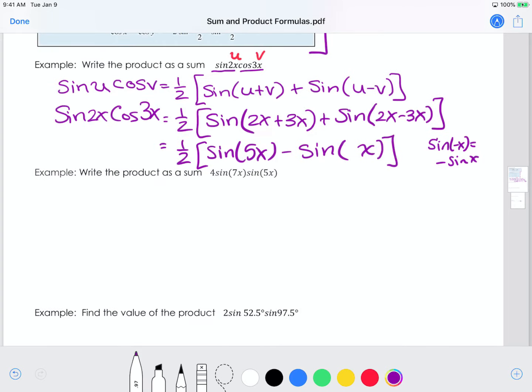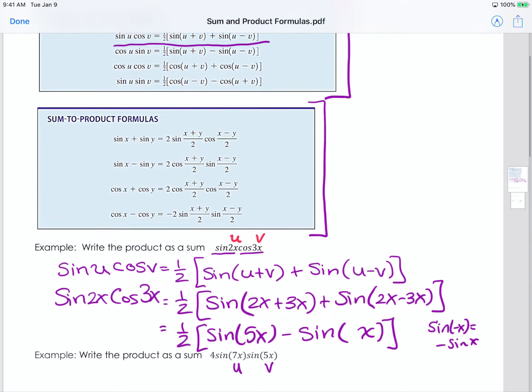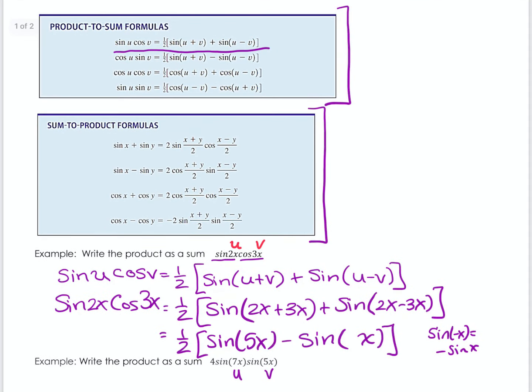Okay, the next example, think of 7x as u and 5x as v. And I want to find something that will work for sine u sine v. So if I look back up here, I want to write it as a sum. I have sine u sine v, so that's this formula right here, the last one.